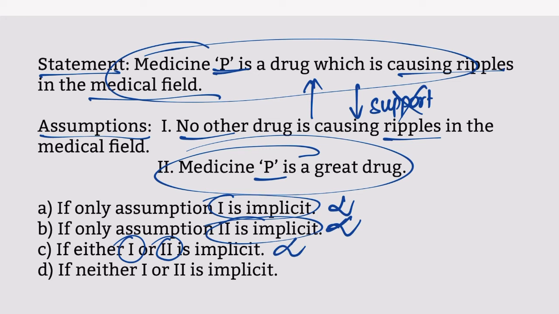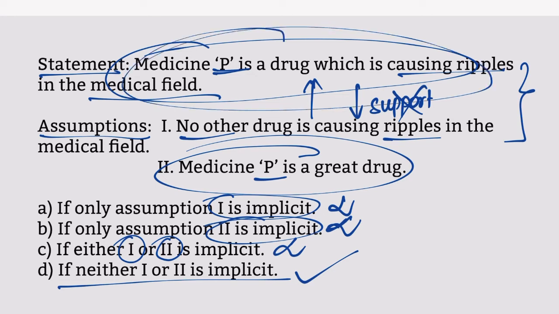Finally we are left with the last option, if neither 1 nor 2 is implicit. Of course, we will select this, because we know for a fact that none of these assumptions are implicit based on this particular statement. So that's about statement and assumptions. Let's move on to the next one.